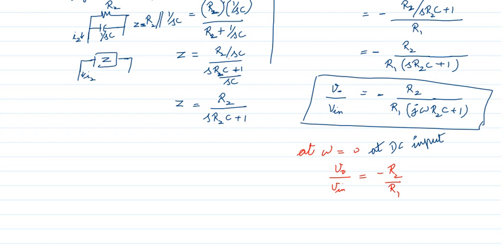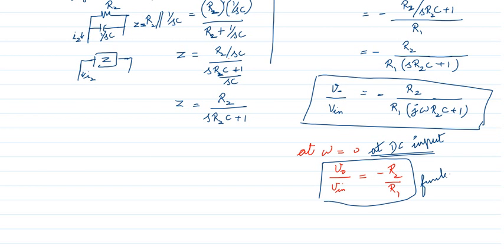So minus R2 by R1 is the gain at DC input. For DC input in the ordinary integrator we will have an infinite output, but here we have only a finite one.